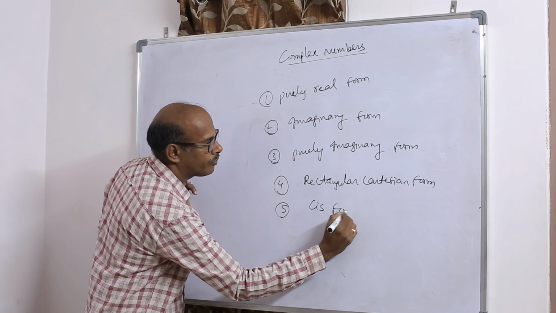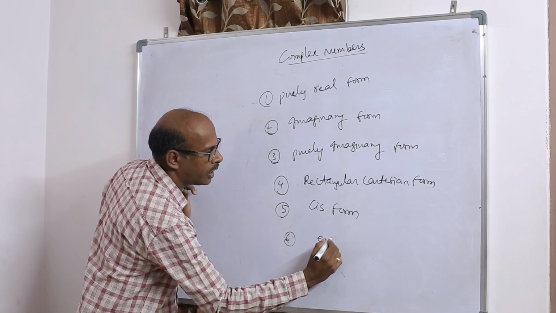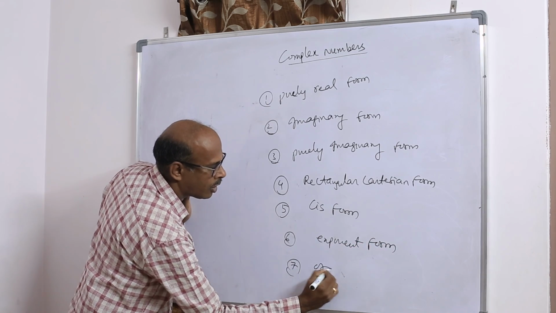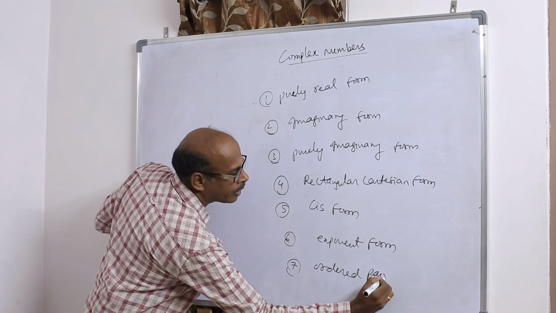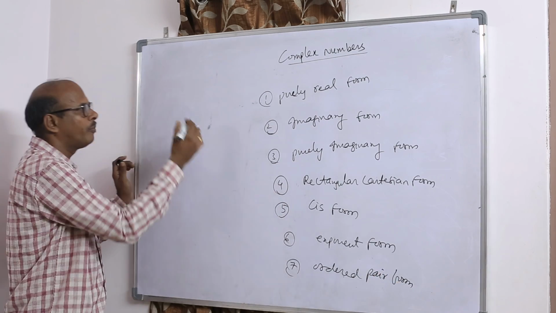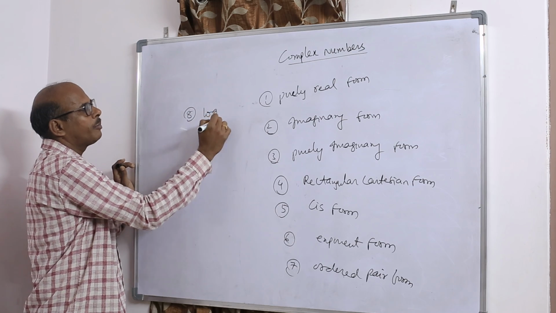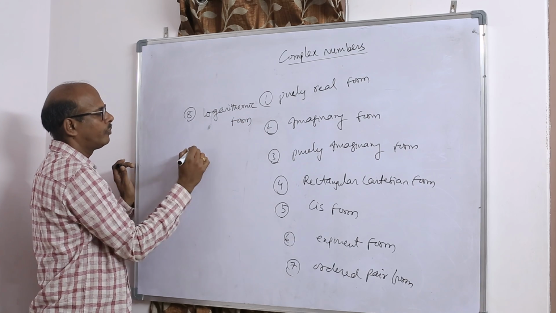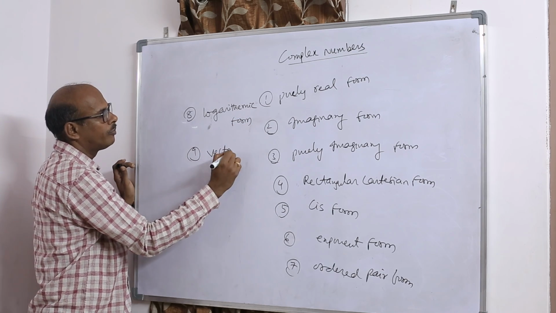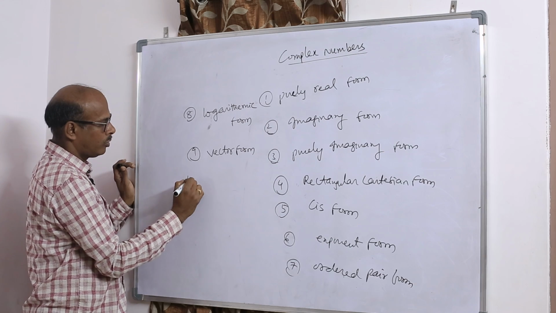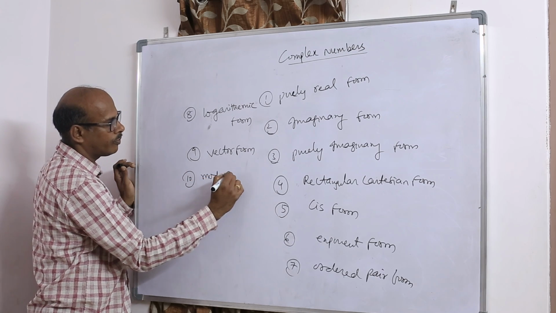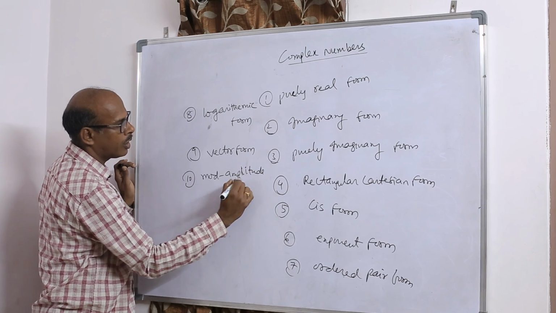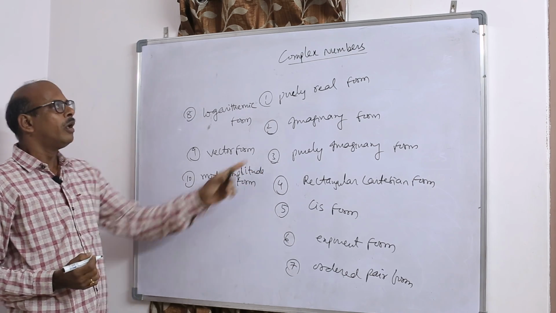Cis form, exponent or Euler's form, ordered pair form, logarithmic form, vector form, mod amplitude or trigonometric form or polar form.